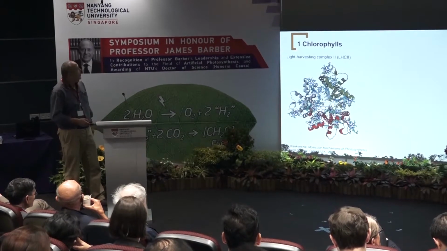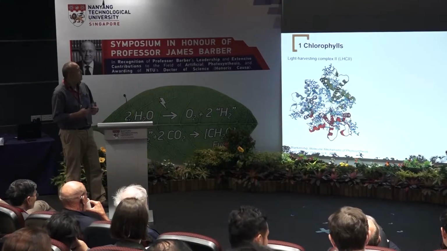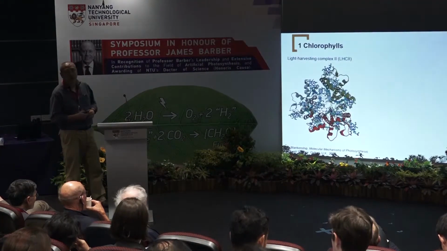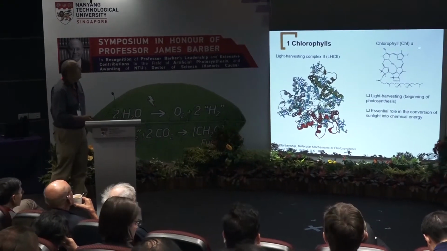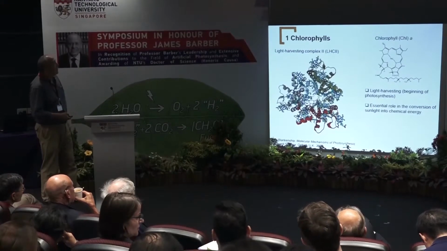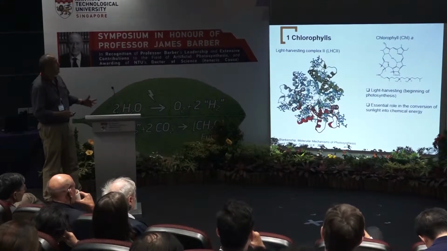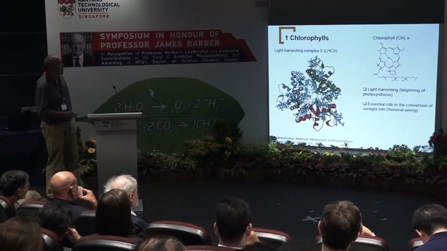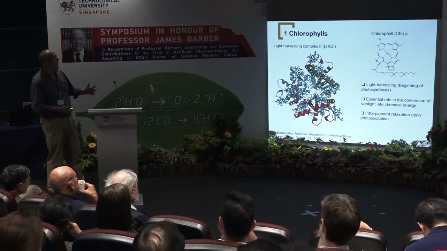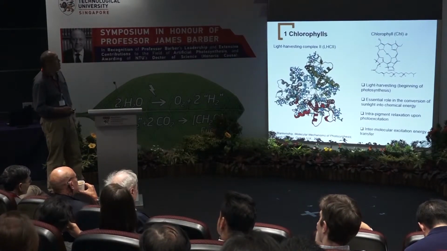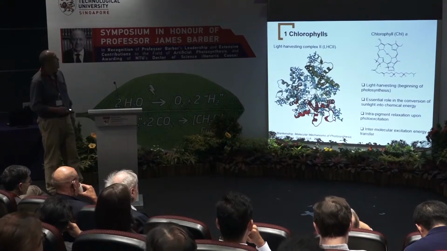The LHC2 complex is the most abundant light harvesting complex in nature, and here this is the CHLA molecule, the beginning of photosynthesis, which plays an essential role in the conversion of sunlight into chemical energy.